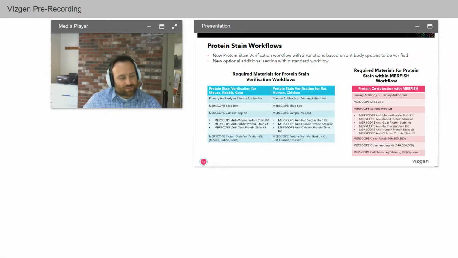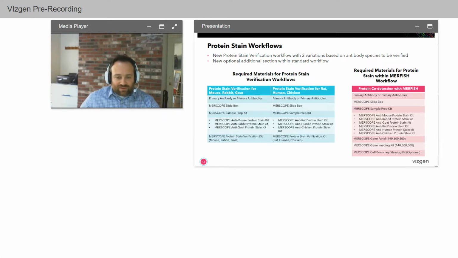The MERSCOPE sample prep kit, which contains all of the buffers and reagents needed to process that sample to open up the analytes for detection, along with the protein stain kits. Again, these contain the secondary oligo-conjugated antibodies we would use to detect those primary antibodies. Additionally here, since we're not doing a full MERFISH run, you would need the protein stain verification kit. So we have 2 variations of this protocol depending on the antibodies you're going to be running.